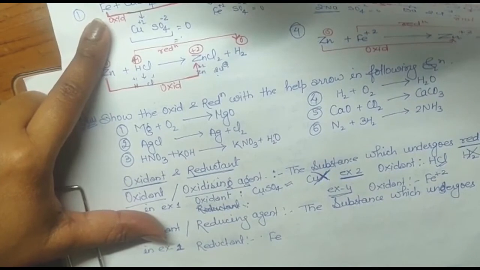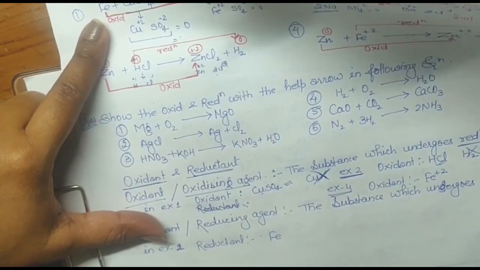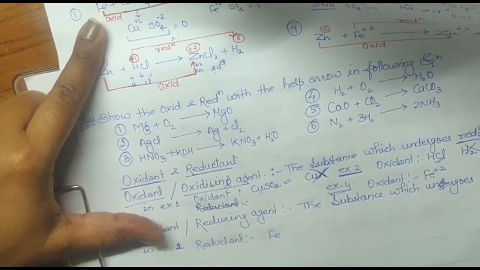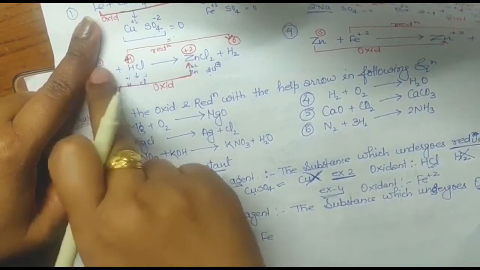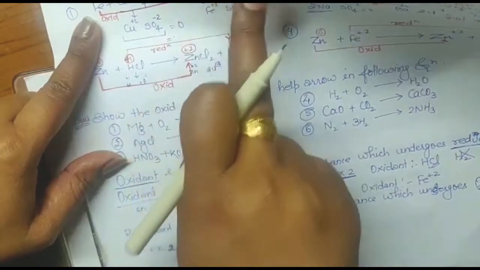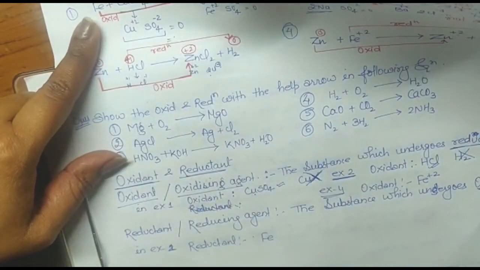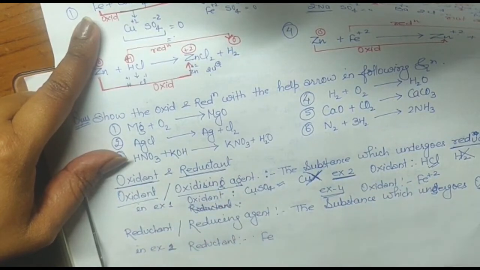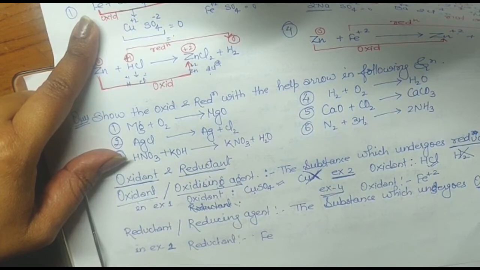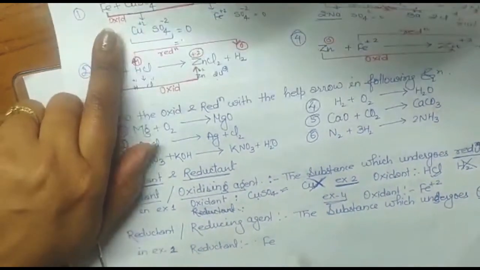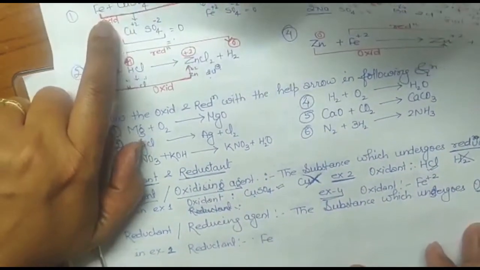This oxidant and reductant will always be from the reactant side. हमें कोई लेना देना नहीं है product side से. प्रोडक्ट में कौन से एटम है कौन से नहीं है उसका मतलब कुछ नहीं बनता यहाँ पे ऑक्सीडेंट एंड रिडक्टेंट का. So oxidant and reductant will always be from the reactant side, that means LHS. Got it?